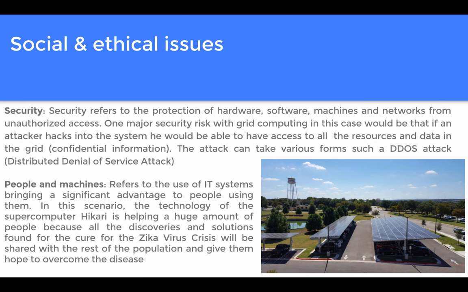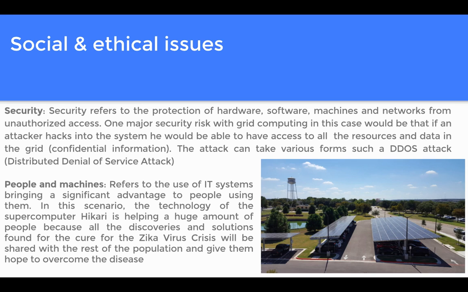The social and ethical issues present in this scenario were security and people and machines. First of all, security refers to the protection of hardware, software, machines, and networks from unauthorized access.